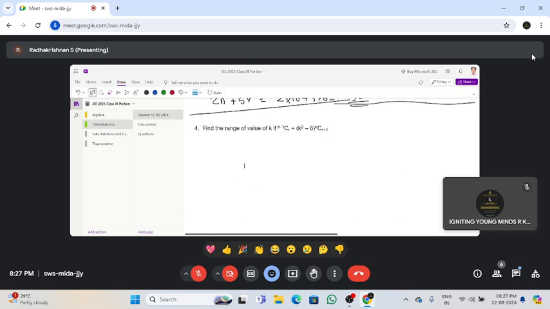Find the range of values of k if n minus 1 CR equal to k square minus 8 into n CR plus 1. So again, in the same way, substitute the formulas and find out the range of values of k. Solve for k now. Please do it.